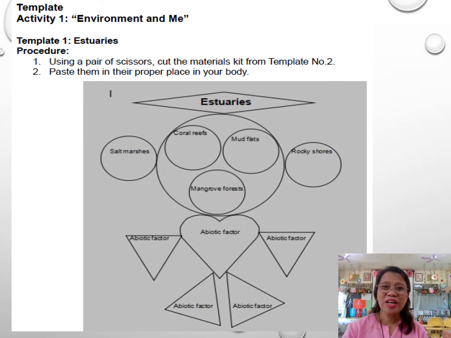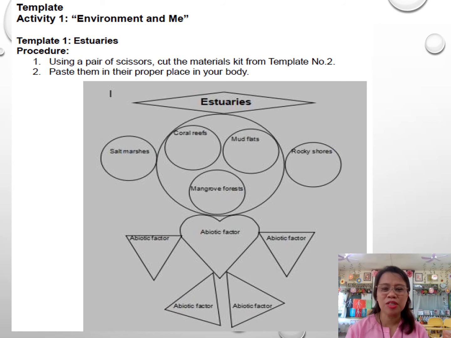Okay, now for the work I assigned to you. You have template number 1 about estuaries and template number 2 about the intertidal zone. Don't you worry, because they are already in your activity or answer sheets.